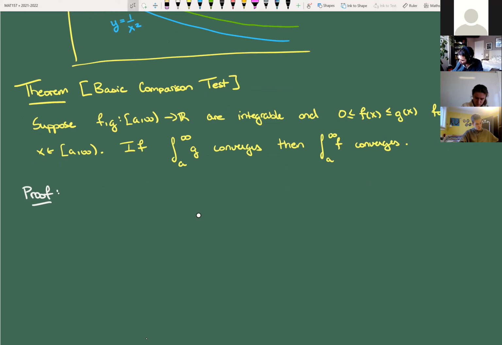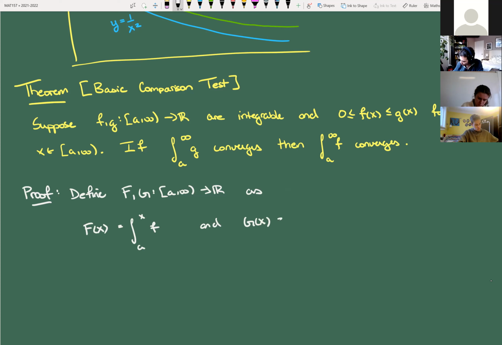So let's define capital F and capital G as the usual, like so.